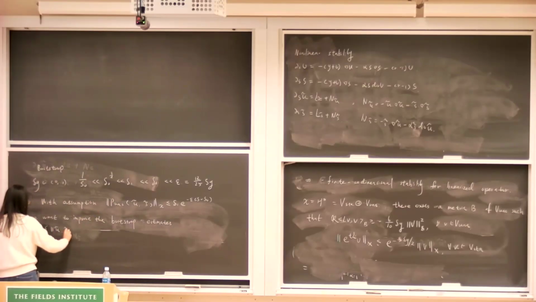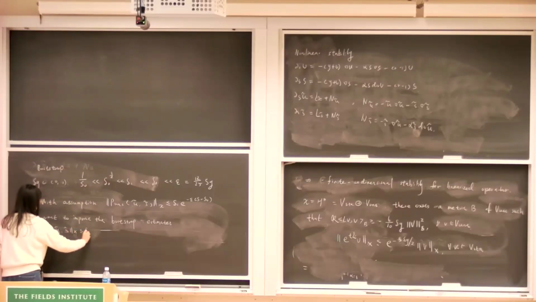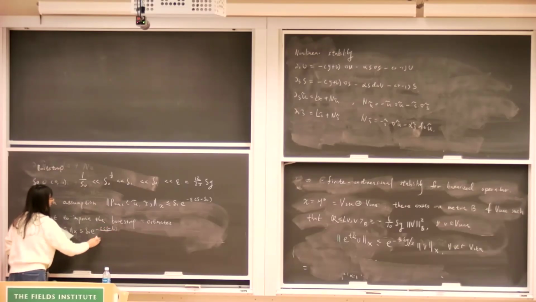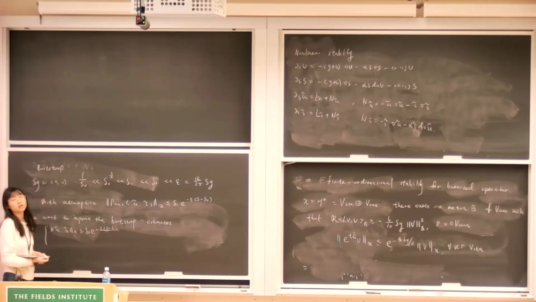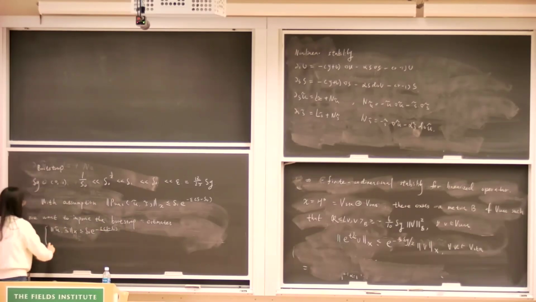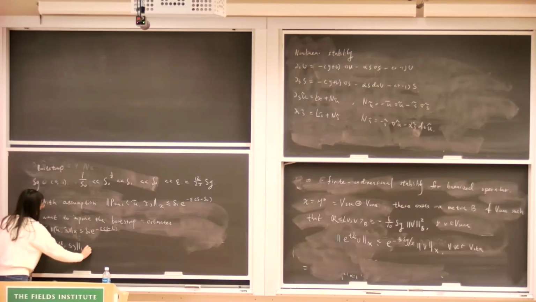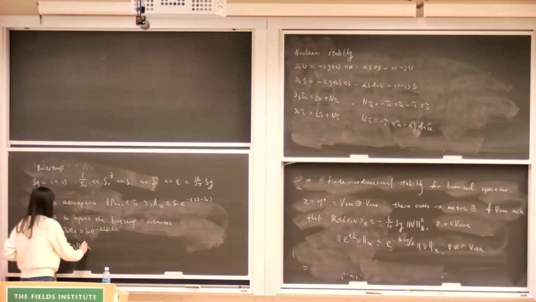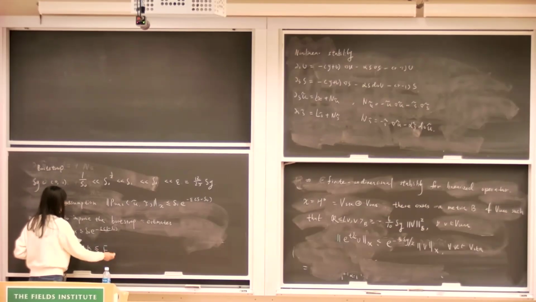So first is the X estimate. It is exponential decay with the rate epsilon times theta naught. And the second is the estimate in the very high order derivative, but now this is not for the perturbation, it's just for the whole thing. The homogeneous H^K norm is less than or equal to a bound E that is very large.